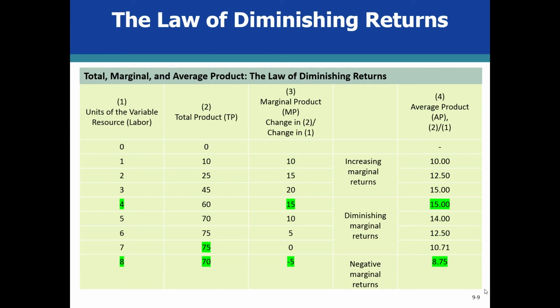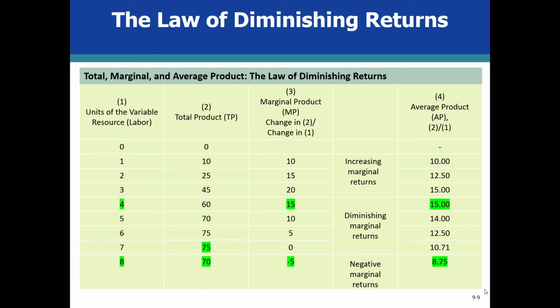After a total of 4 units of labor, marginal product begins to fall and ultimately ends up negative at a total of 8 labor units. This is where people start to trip over themselves, as I mentioned. As marginal product falls, average product, shown in column 4, also falls, reaching a low of 8.75 at 8 units of labor.